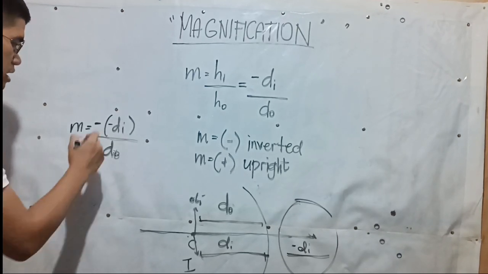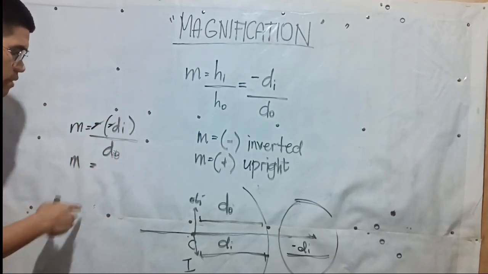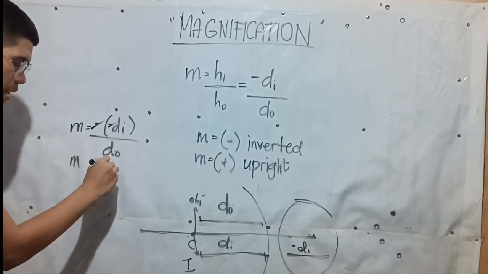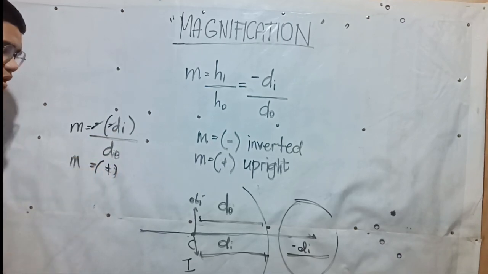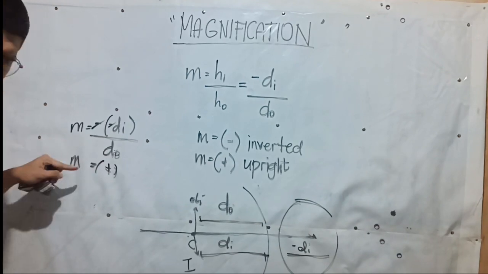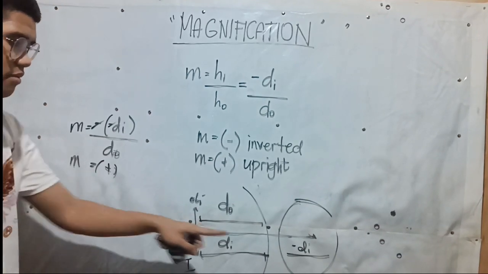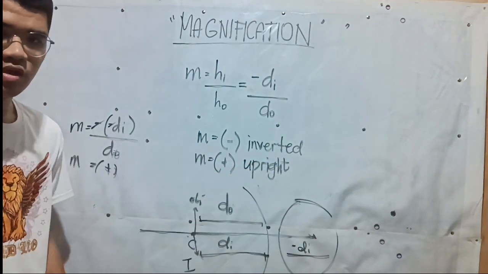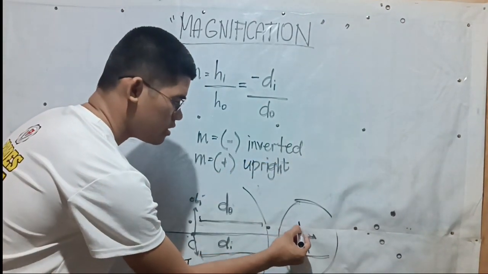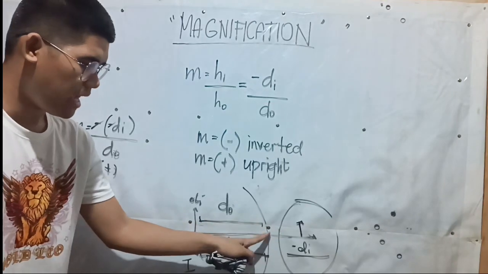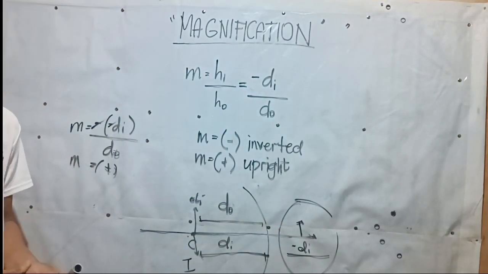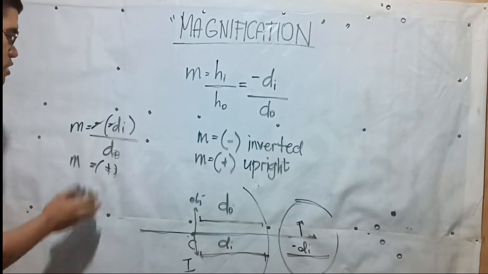The negative cancels, because negative times negative is positive, so our M will be positive. Now, if our M is positive, then how will the image be formed? It will be upright. So now, let's proceed to another topic.